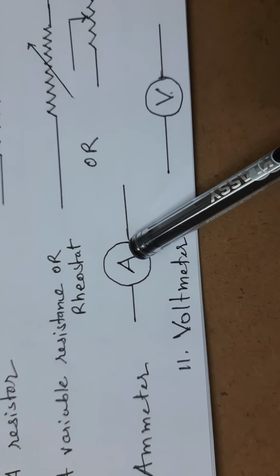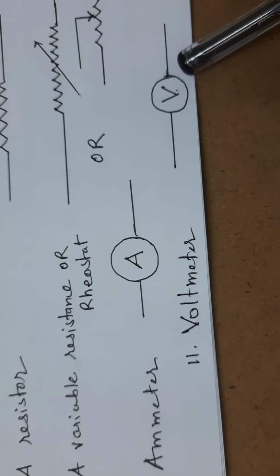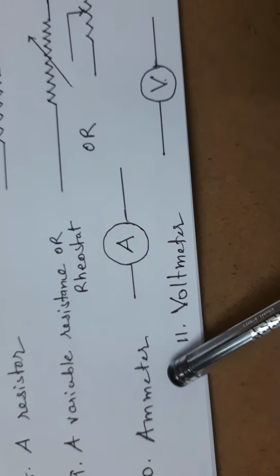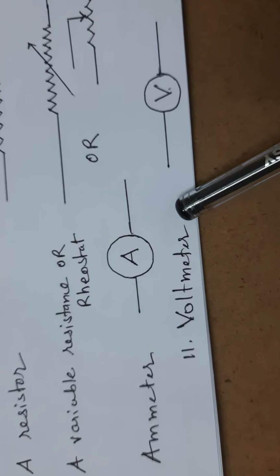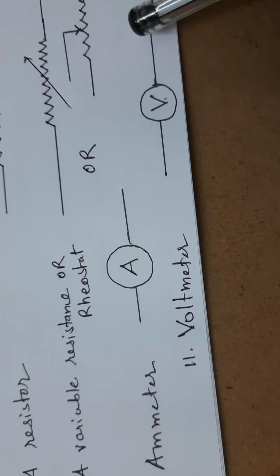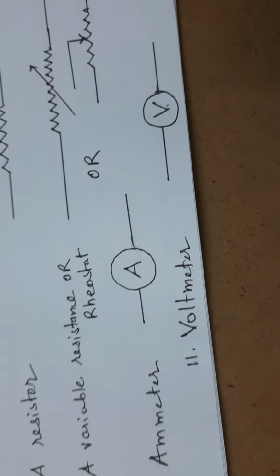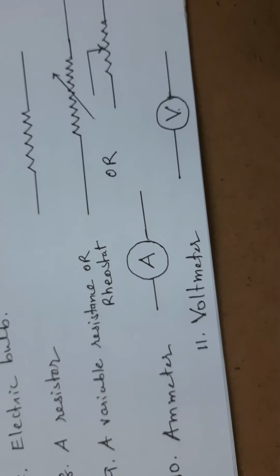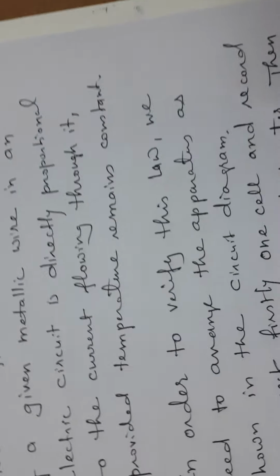Remember the word series. A voltmeter is always to be connected in parallel. So ammeter measures electric current, voltmeter measures potential difference V across two ends. And there is one other sign, that is the galvanometer, and that galvanometer measures whether the current is passing or not. Okay.